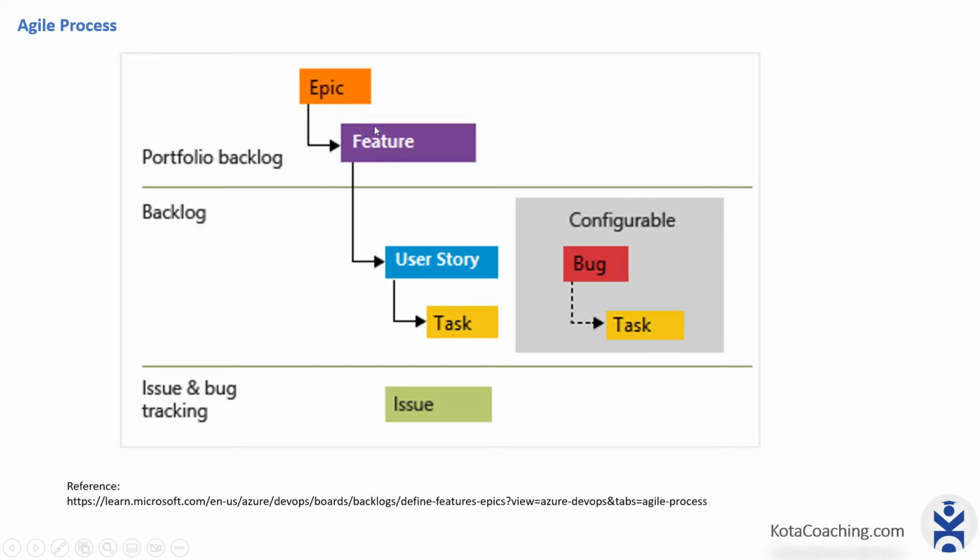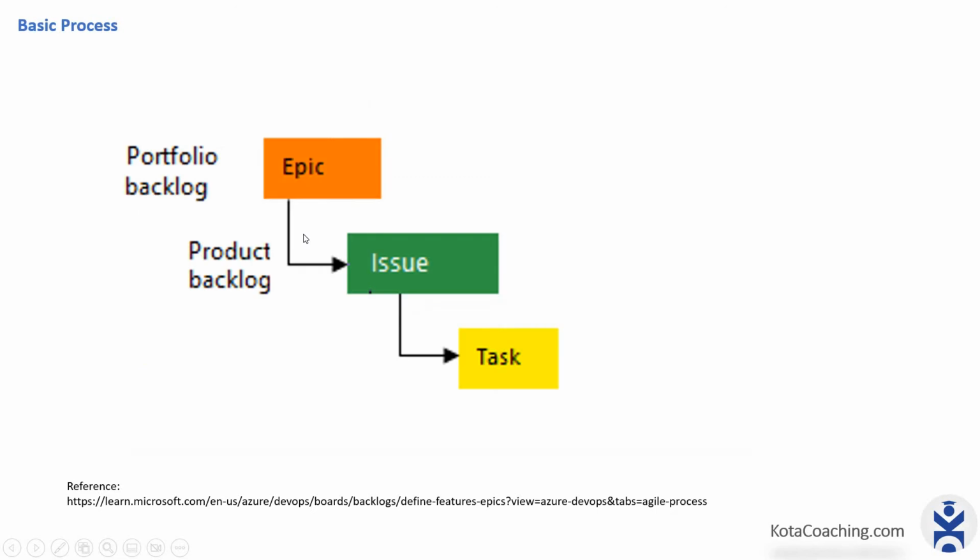Then an epic can have multiple features, one feature can have multiple user stories, and one story can have multiple tasks. So that is actually the agile process. The default diagram you see here is the very basic one, the default inside Azure DevOps. In the basic process we have only epic, issue and task.